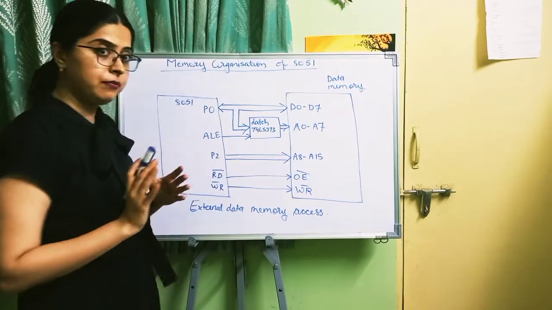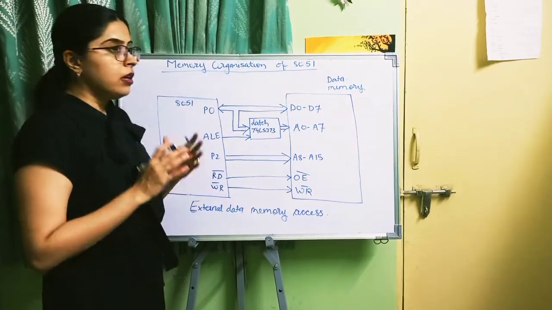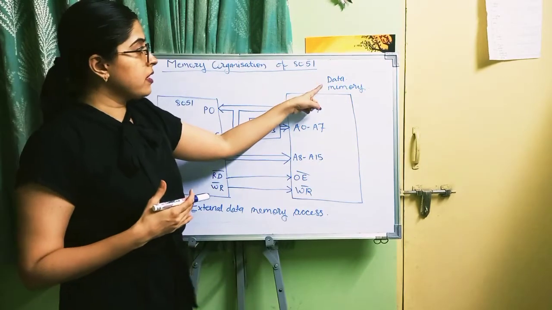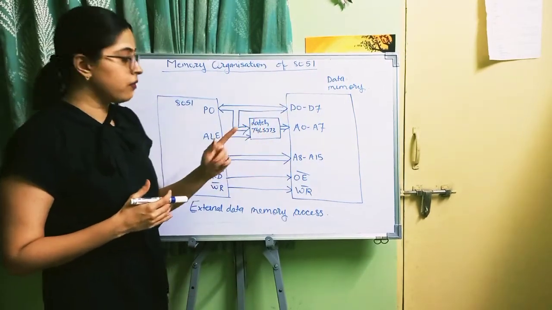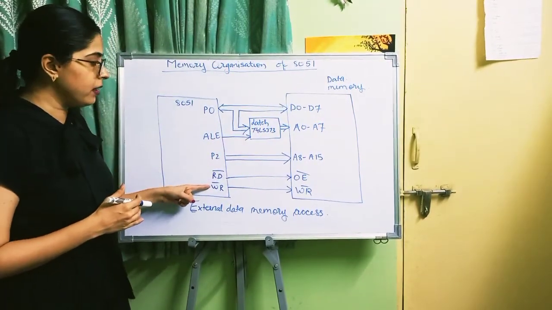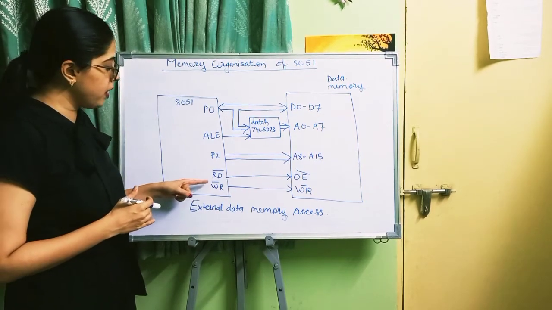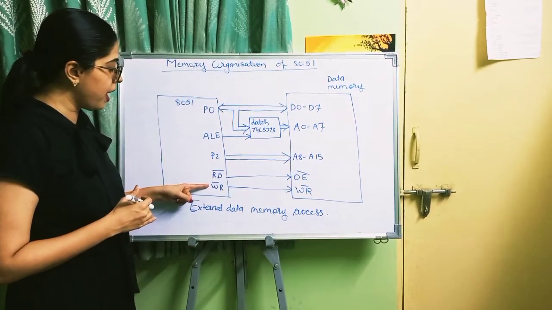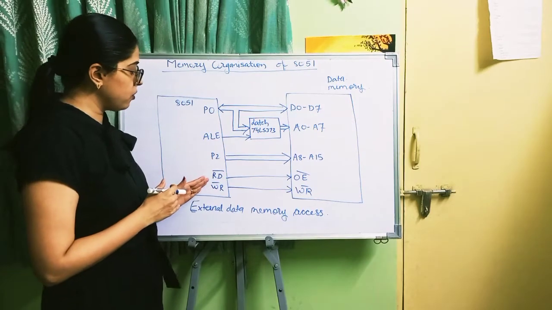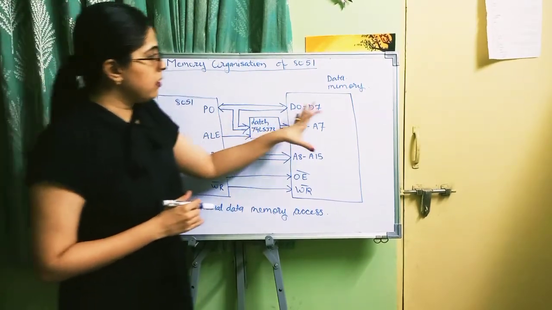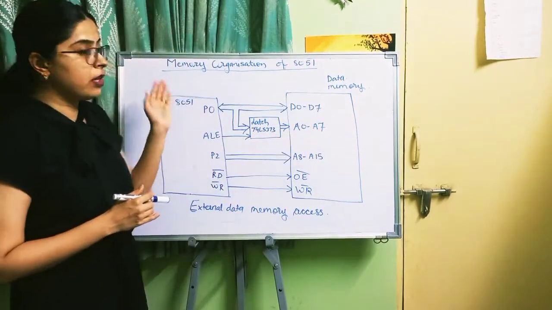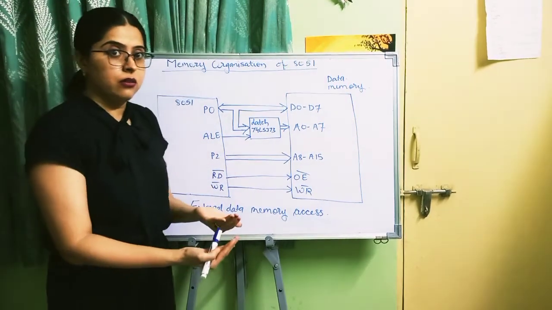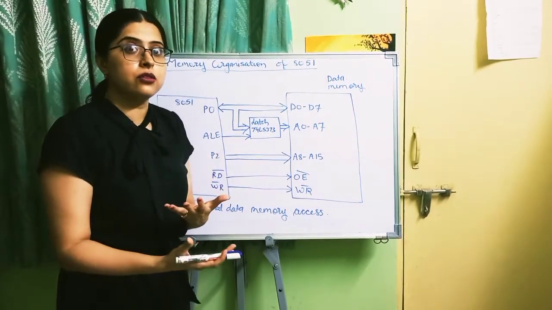So data flow is basically from data memory to 8051. Clear? Now, if I want to modify the content of the data memory, we have WR bar. When we give logic 0 to WR bar, the contents of the data memory can be modified, you can write it. You can change the contents of data memory.